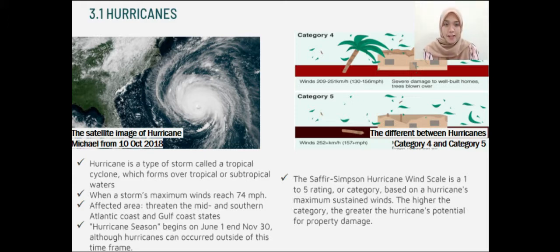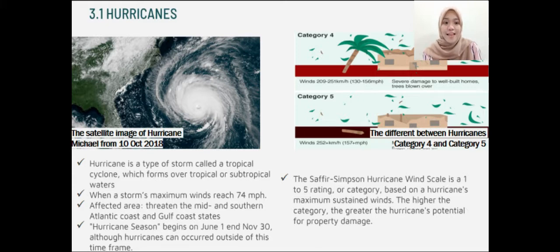As predicted, hurricane season begins in June and lasts to the end of November. However, it can occur outside of these time frames. There you can see the latest satellite image of Hurricane Michael that was taken on 10 October 2018.